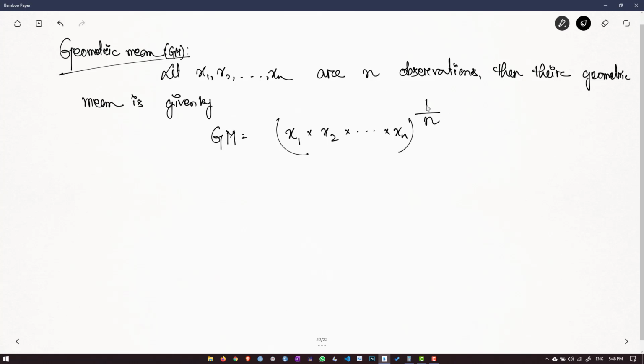So here we have n observations, so it will be 1 upon n. So this is the geometric mean for simple ungrouped values.